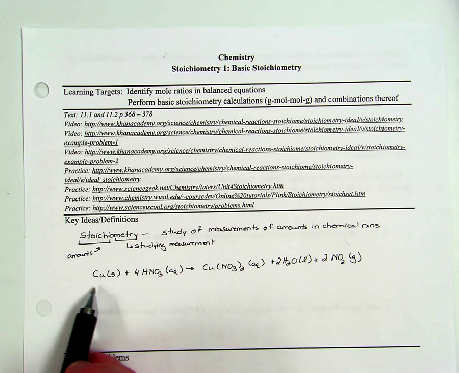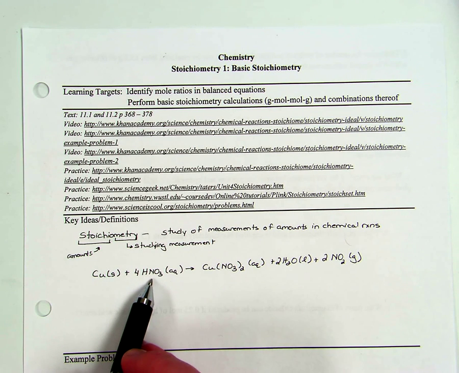We've learned to balance equations, and in that we've said what these coefficients tell us is the number of particles. So for example, if we just look at the reactants here, 1 atom of copper, when it reacts, will react with 4 molecules of nitric acid. That's what those coefficients tell us.